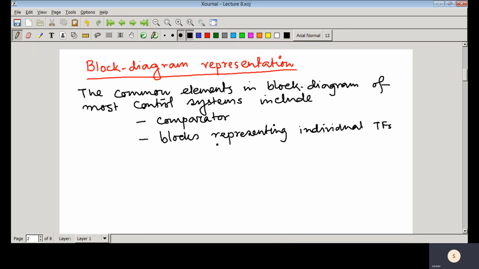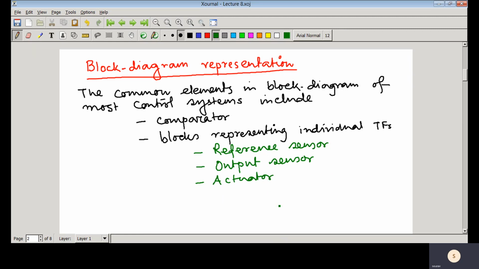Which are those? Those are reference sensor, then output sensor, actuator. Already we have seen those blocks, controller and the plant.